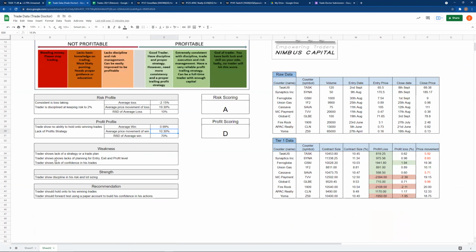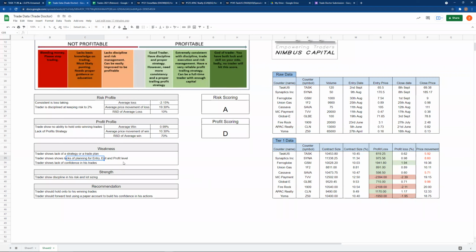Okay, so in terms of weakness, the trader shows lack of strategy or trade plan. Later, when we look at individual charts, we will see what. Let's talk in detail about what this means. The trader shows lack of planning for entry, exit, and profit level.